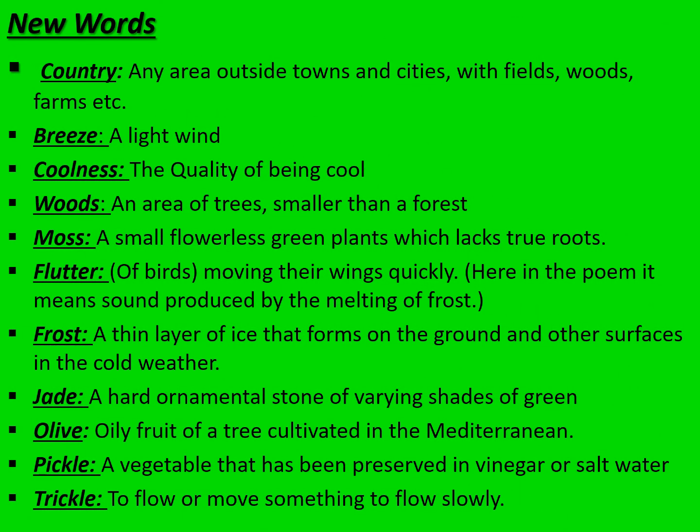So after analyzing the poem, I hope you have understood the message which the poet wants to convey. There are certain new words in this poem. Country. It's an area outside towns and cities with fields, woods, farms, etc. Breeze.